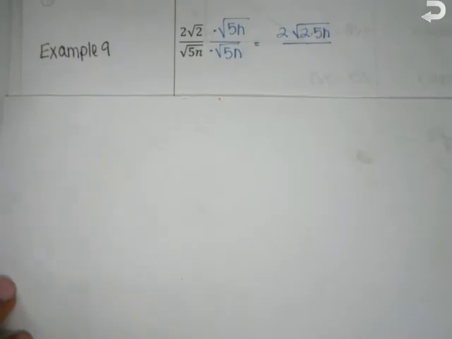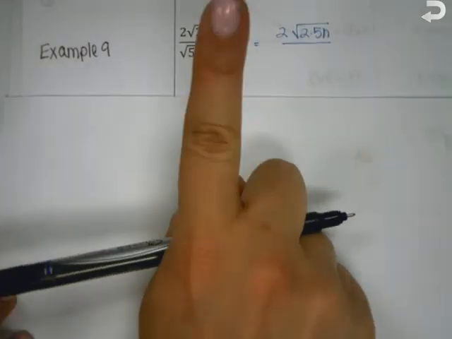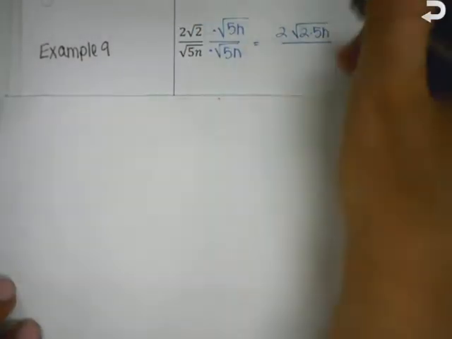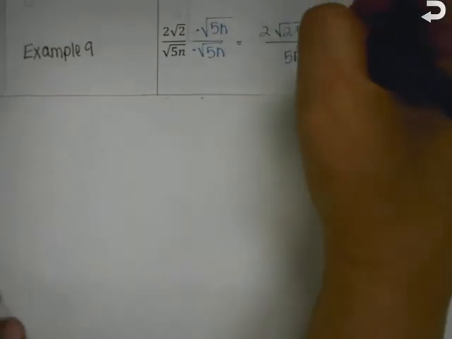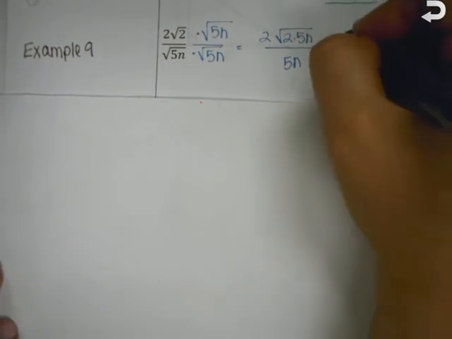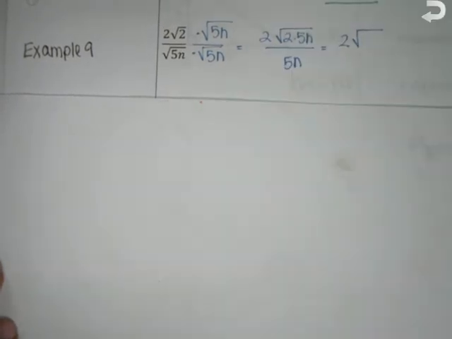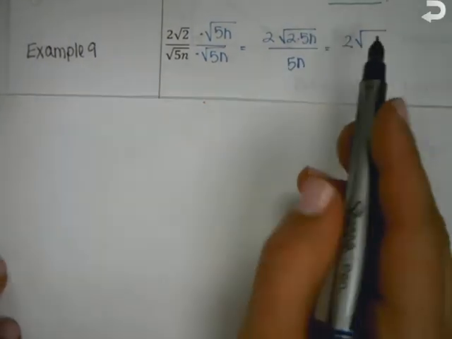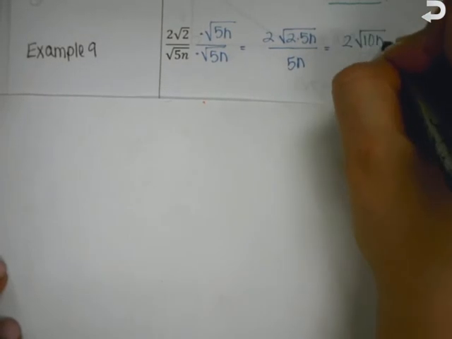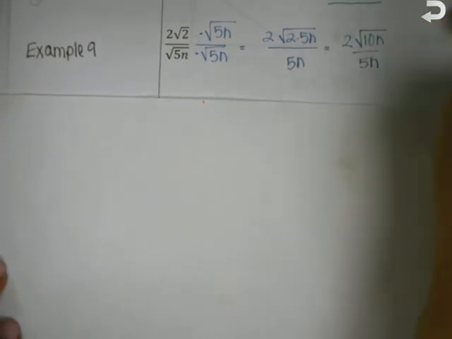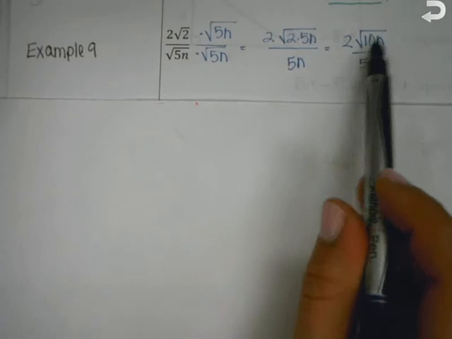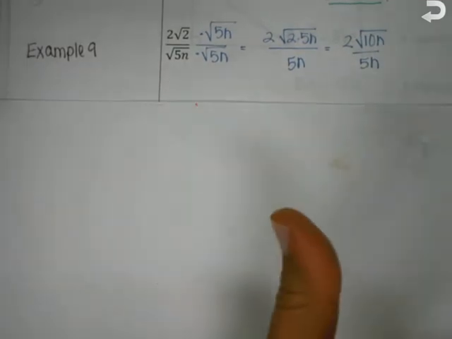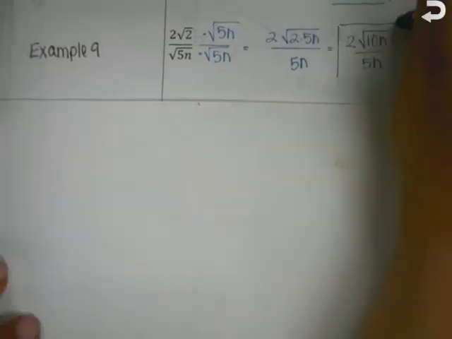It's always going to cancel that way. Always. Okay, equals 2 square root of 2 times 5n, 10n, over 5n. Can I reduce it at all? No. This is inside the radical and this is not, so you can't reduce them. So you just leave it how it is. Feel better about it? A little bit?